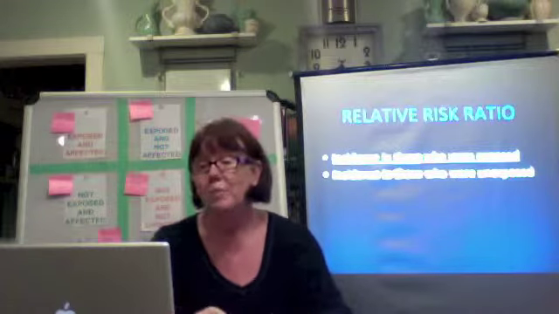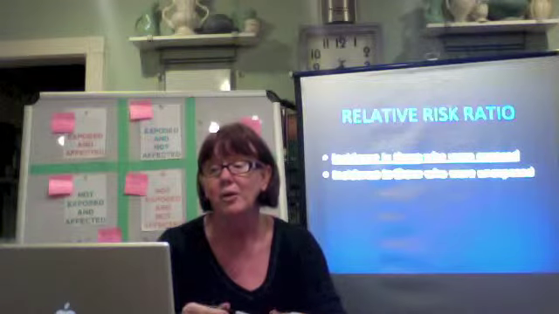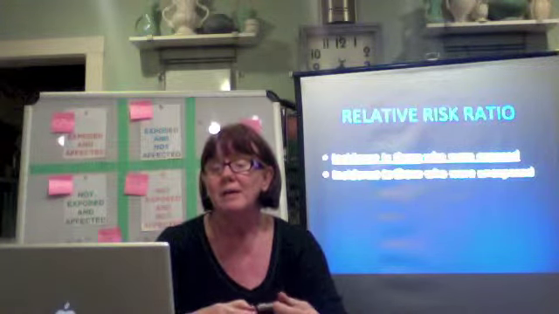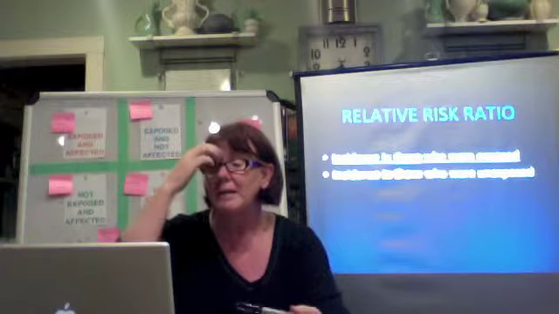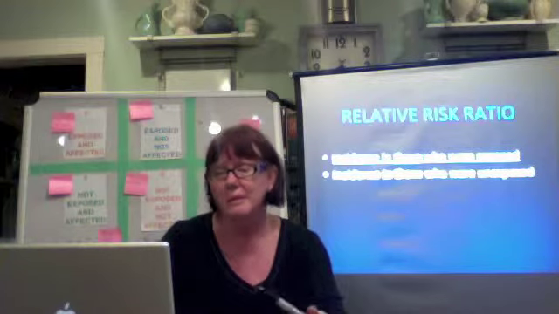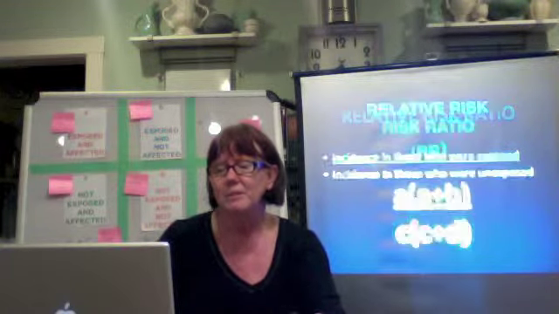So in relative risk ratios, we are looking at the incidence of those who were exposed divided by the incidence of those who were unexposed. So it's the relative risk, and it differs from the odds ratio.